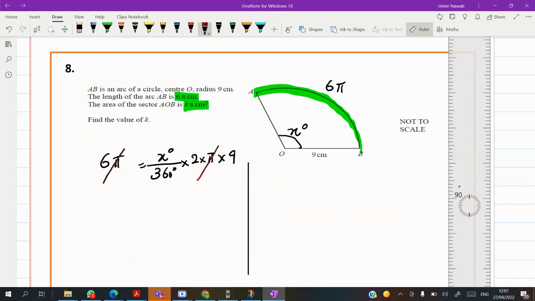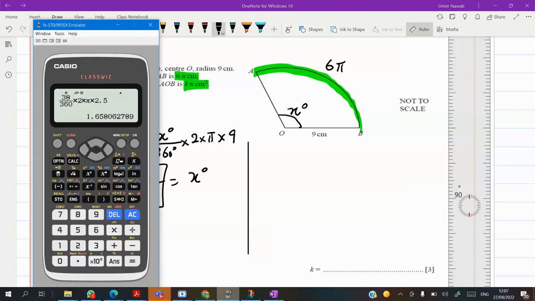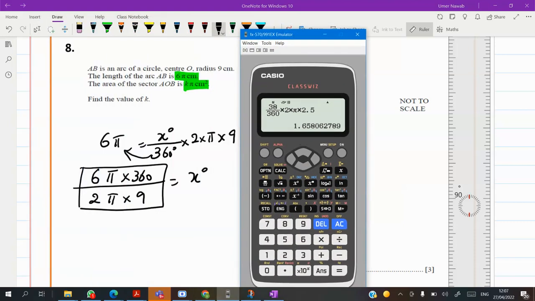Pi cancels with pi, or if you don't want to cancel pi with pi, you can send everything to the other side. So 6 pi times 360 over 2 pi times 9 is equal to x. Write everything in a calculator and see what the answer comes.